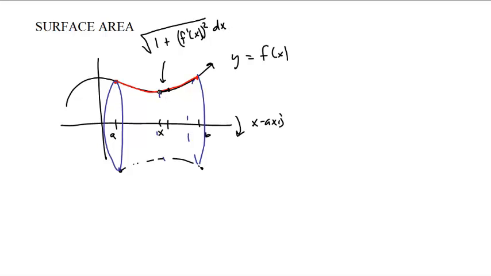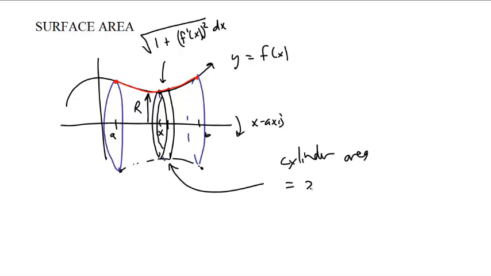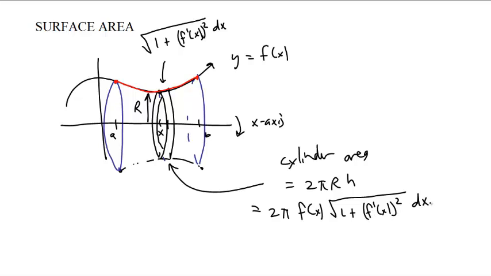And when we rotate that around, we are going to get a cylinder. A cylinder whose radius is given by the function. If that's x, the radius is f of x. And remember that the cylinder area is, what was it, 2 pi r h, which in this case is 2 pi f of x square root of 1 plus f prime of x squared dx.